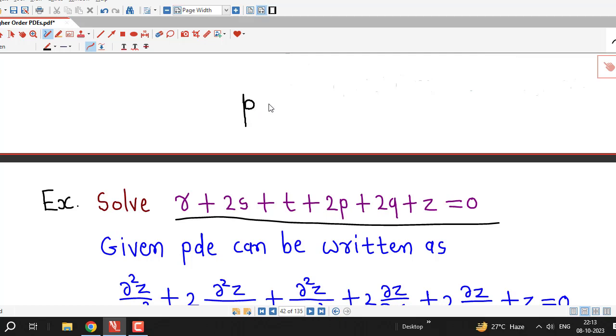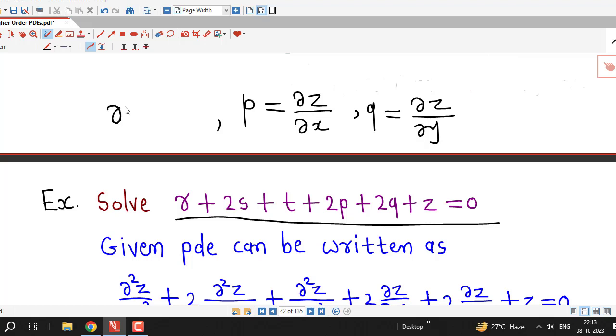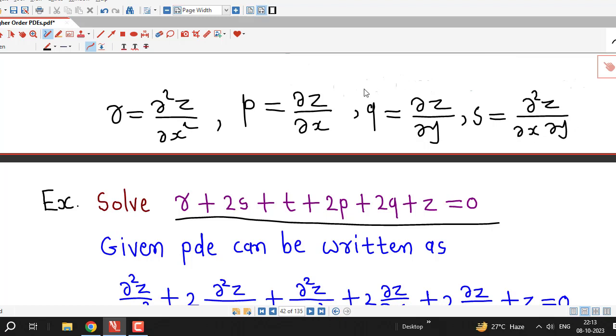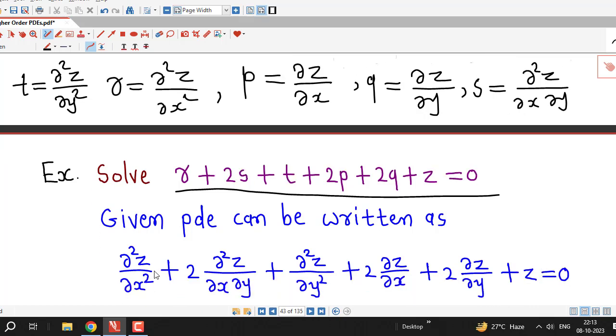And we are familiar with all these notations. p means partial derivative of z with respect to x, q means partial derivative of z with respect to y, r means second order partial derivative of z with respect to x 2 times, and s means second order partial derivative of z with respect to x 1 time and with respect to y 1 time, and t is the notation for second order partial derivative of z with respect to y. So using these notations, we are able to write this equation in this form.